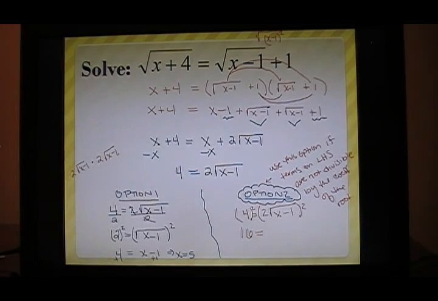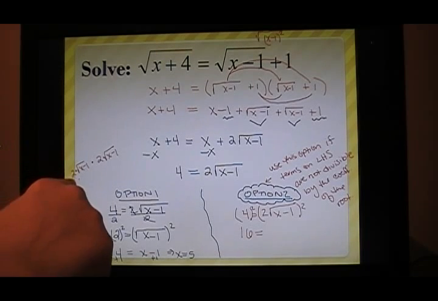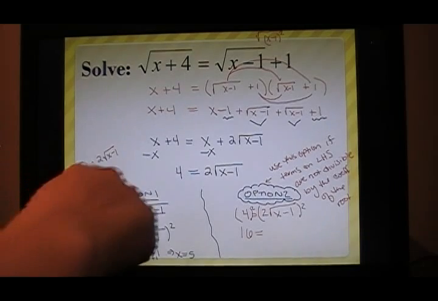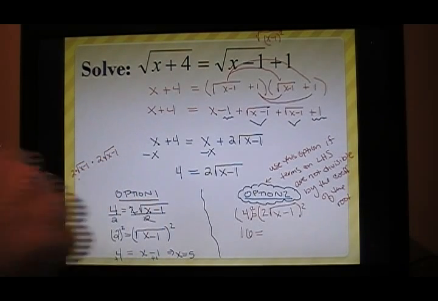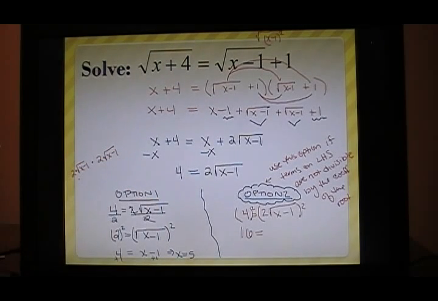But you have to remember that 2 root x minus 1 really means 2 times root x minus 1, right? And then you have to remember that multiplication is both commutative and associative. With commutativity, if you're multiplying a bunch of things together, the order that you multiply doesn't matter.